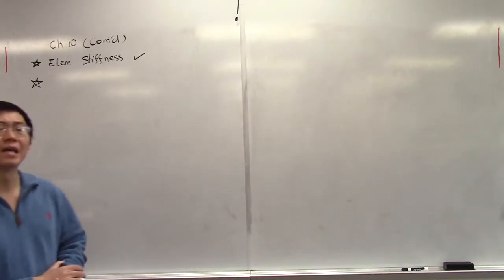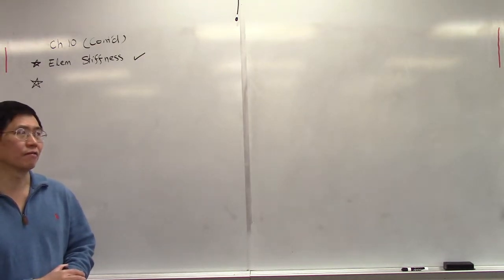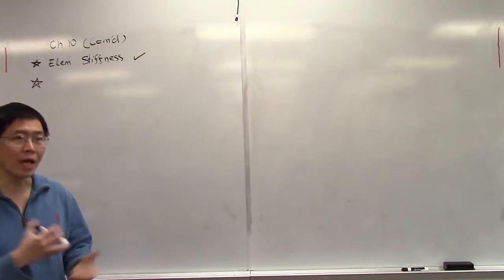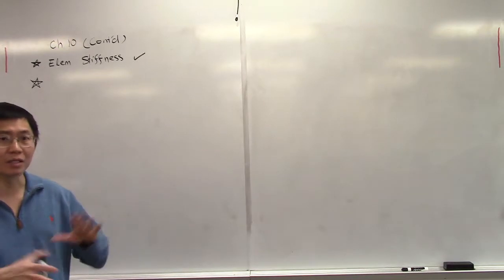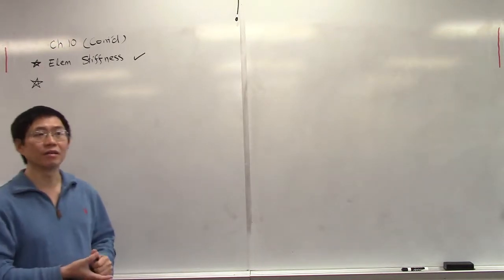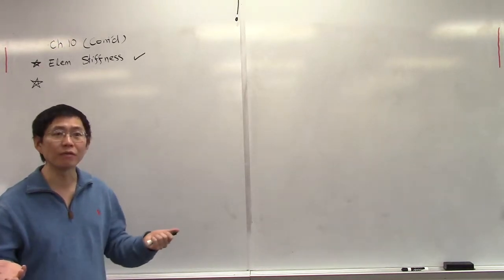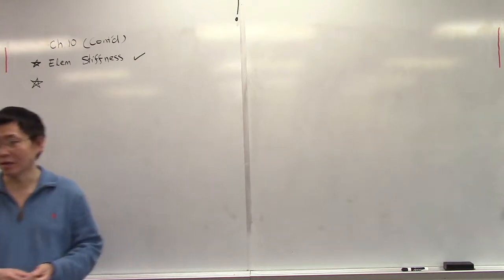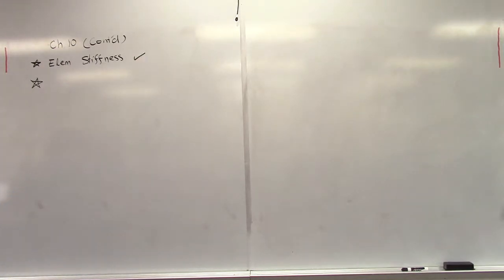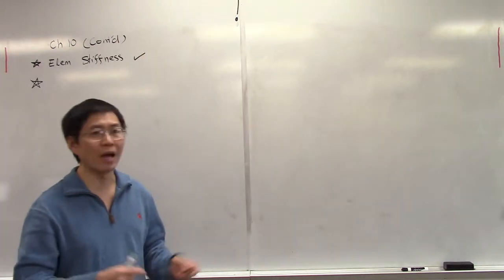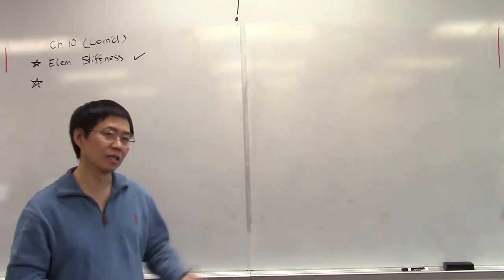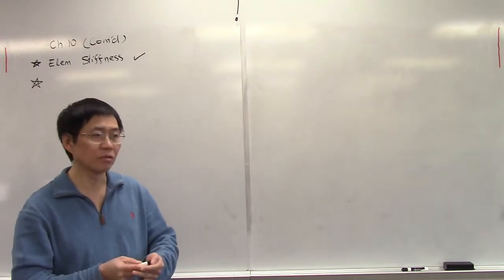For example, if for the particular problem the weight of the body is not a concern, then you can say there's no body force. That actually happens a lot, depending on the type of problem. Okay, and if there's no applied traction, then of course the second vector will be also zero.